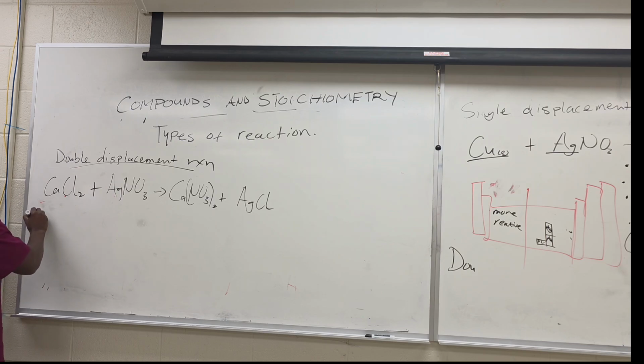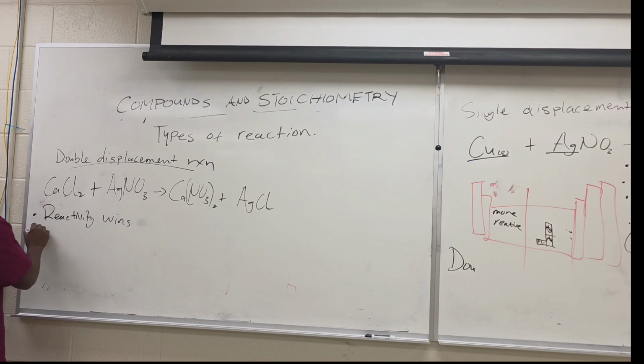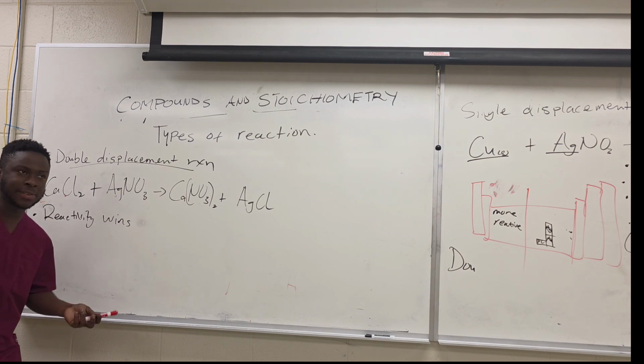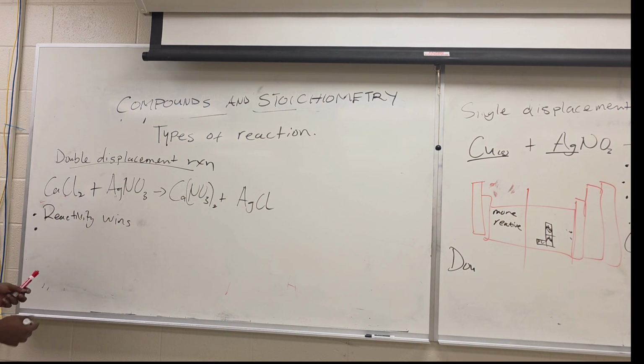So reason number one is still reactivity wins. Rule number 2 is also a rule that I developed for myself. Once again, I don't think you find them in any chemistry textbook. Rule number 2 is that the ionic charges would favor whichever would use less energy in the bond.